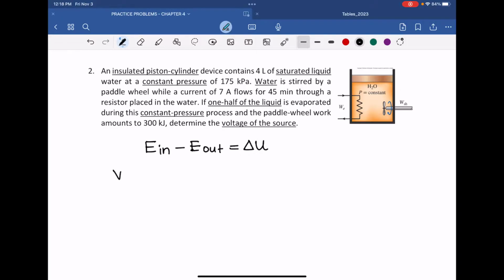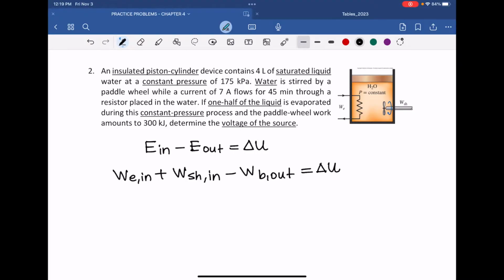We see that electric work is getting in plus shaft work is getting in. We also see there's a boundary work getting out. And this should be equal to the internal energy change.